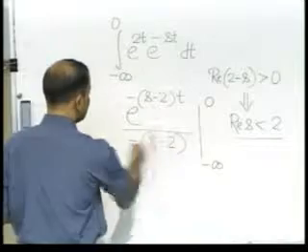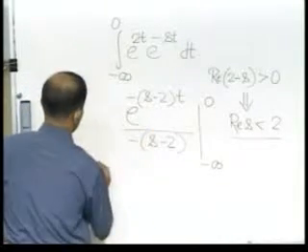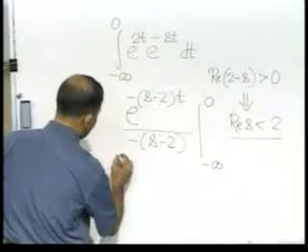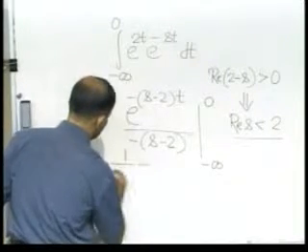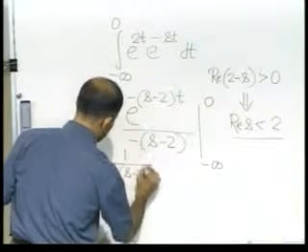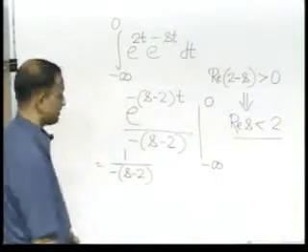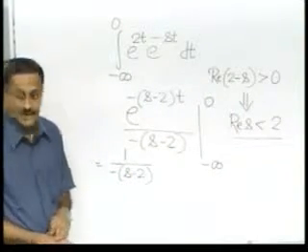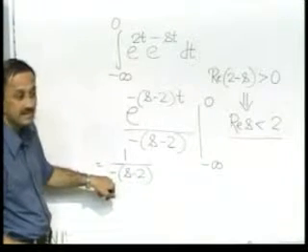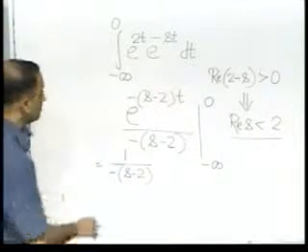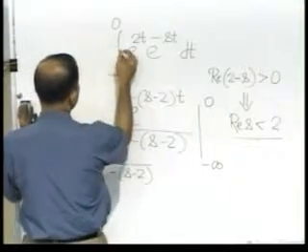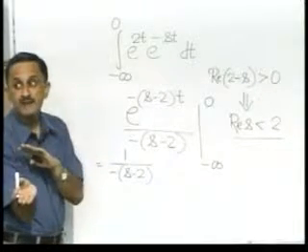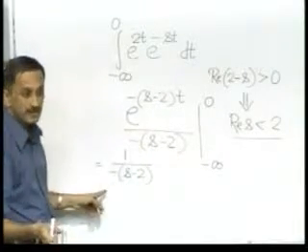And of course, what is this integral in that case? It is minus 1 by s minus 2, so it takes this value. This is the value of the integral. And therefore, we are almost there, but for the negative sign. So if instead of considering e raised to the power 2t u(minus t), we considered minus e raised to the power 2t u(minus t), we would have got 1 by s minus 2.